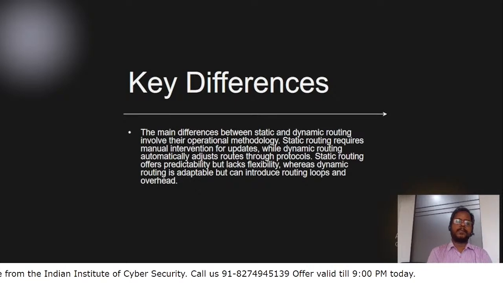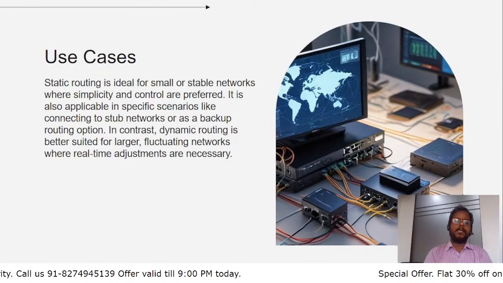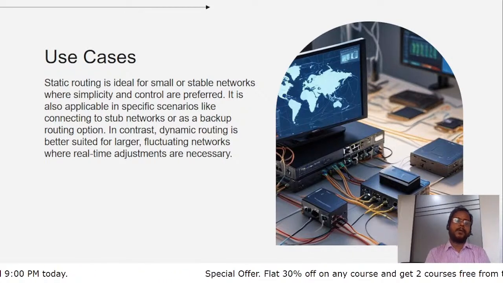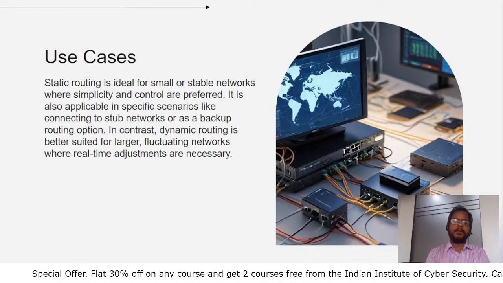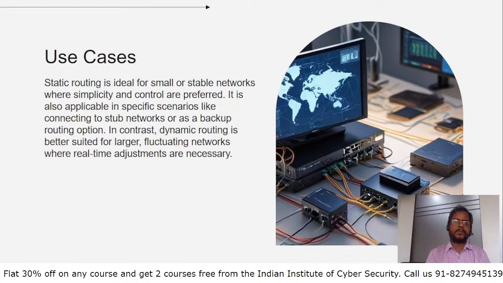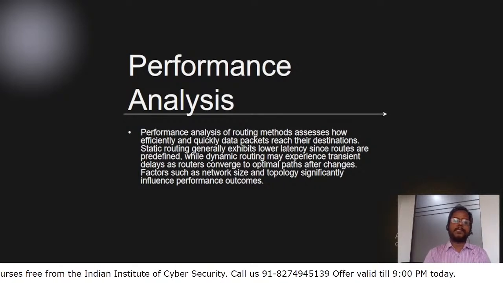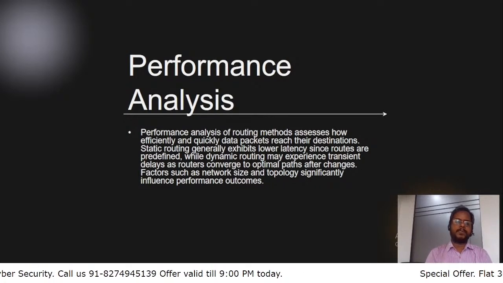But if your network is small, you can resort to static routing. Use cases: static routing is ideal for small or stable networks where simplicity and control are preferred. In contrast, dynamic routing is better suited for large fluctuating networks. Performance analysis of routing methods assesses how efficiently and quickly data packets reach the destination.